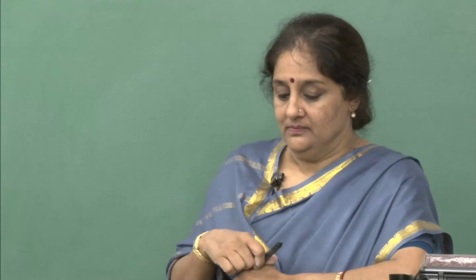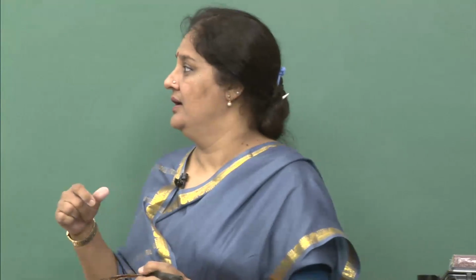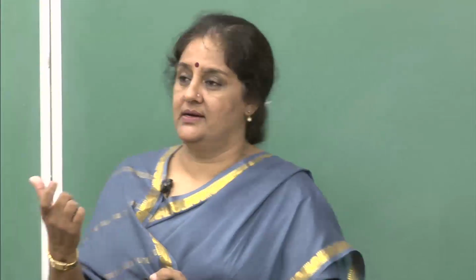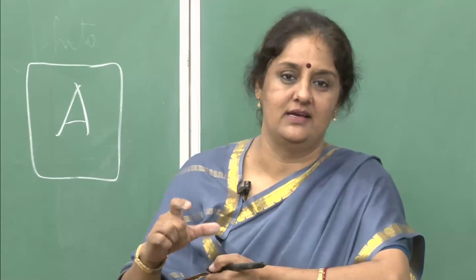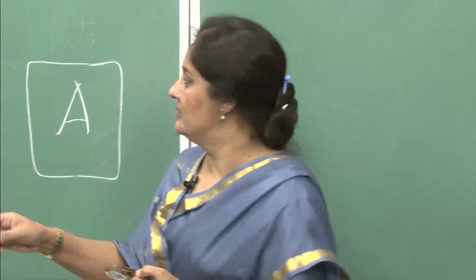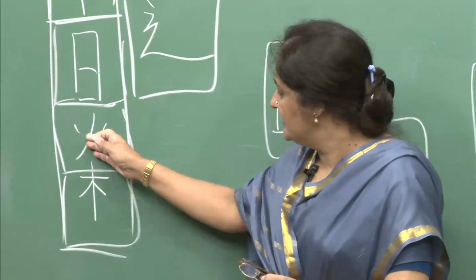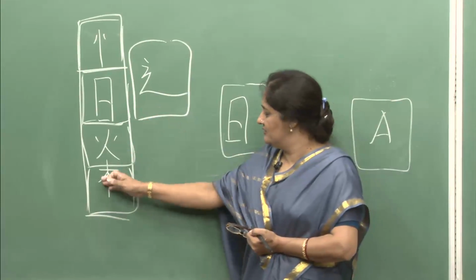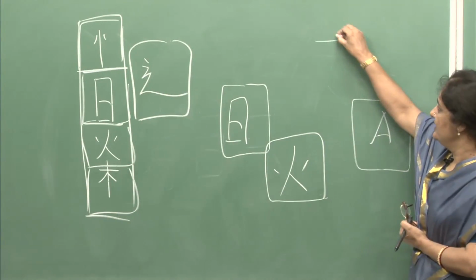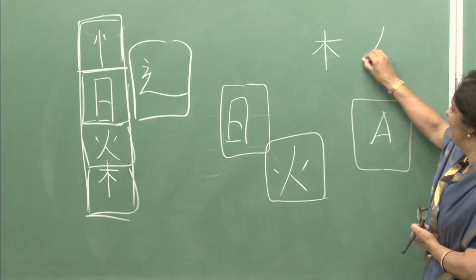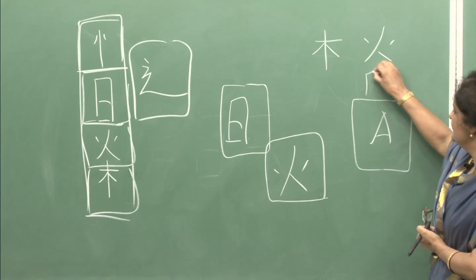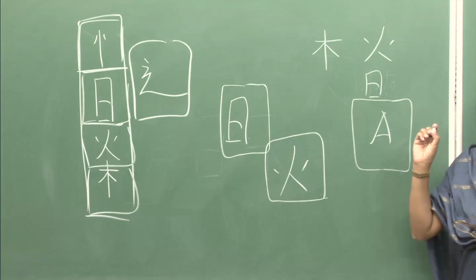Now, either a radical is a kanji itself. For example, you can see over here, these three are all single kanji also. This is hi, as you know, this is fire, we just did, and this is nichi, which is sun.